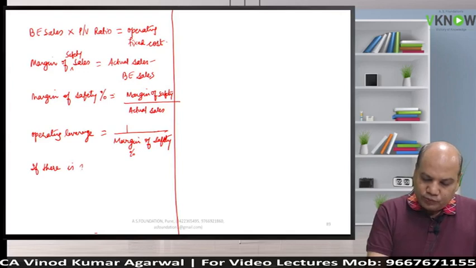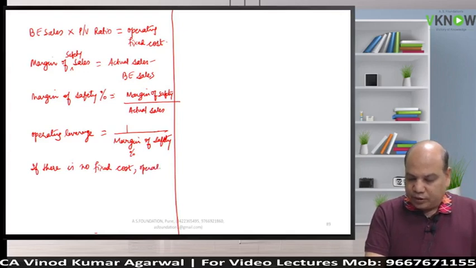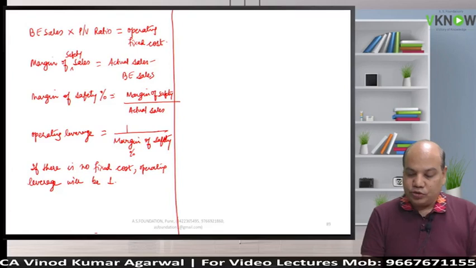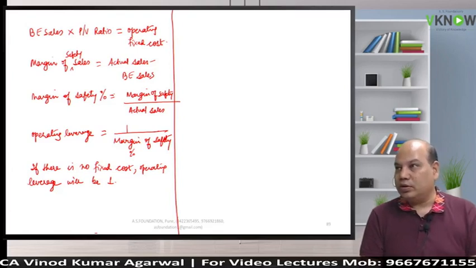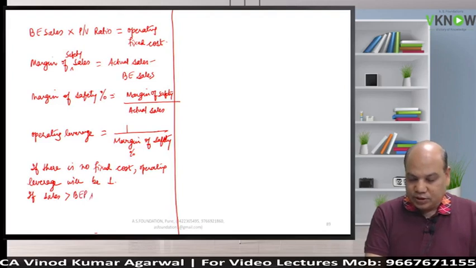If there is no fixed cost, operating leverage will be 1. If sales are greater than break even point sales, operating leverage will be positive.